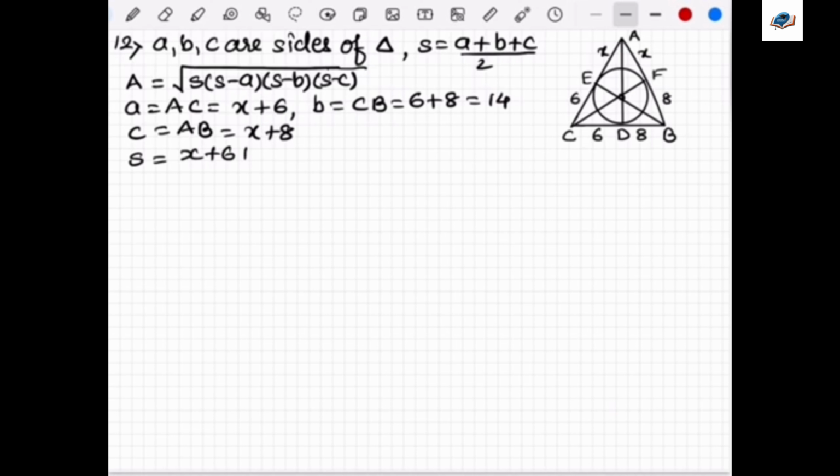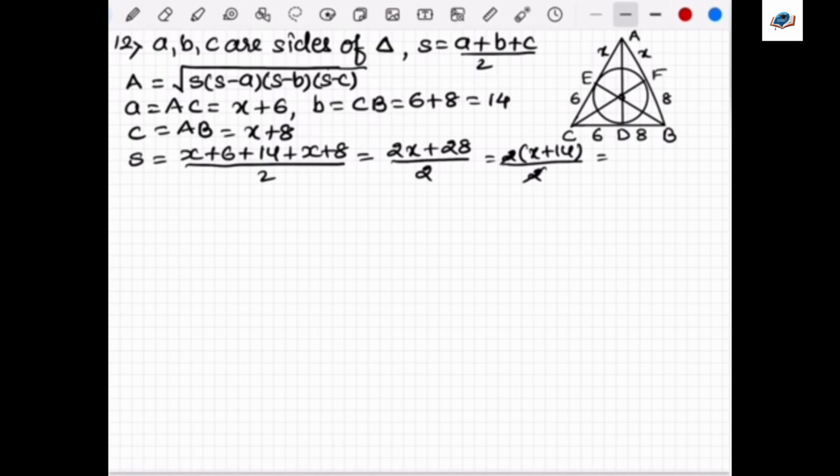Now area of triangle will be equal to root of S. So S I have got x plus 14. Now in the bracket x plus 14 minus A. So A we have taken as x plus 6. So I am putting it in the bracket so that I can show you the subtraction sign, how the sign changes.